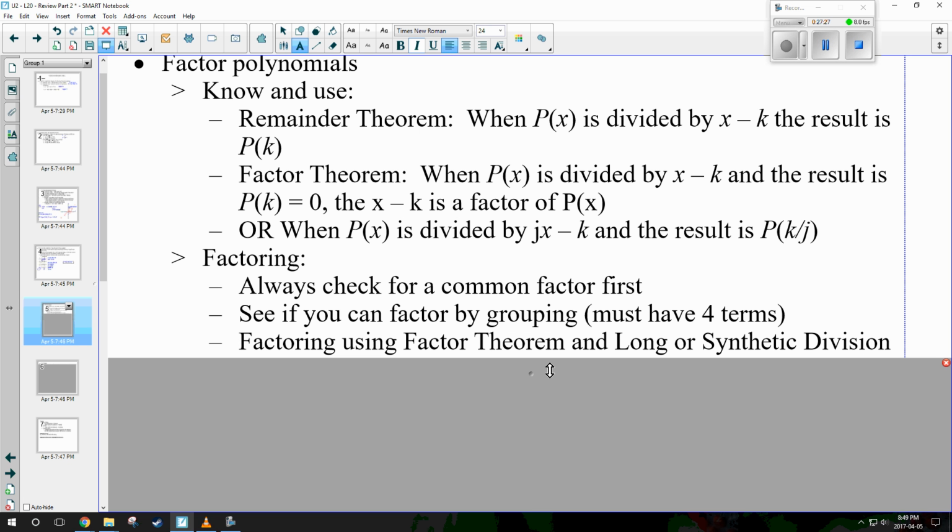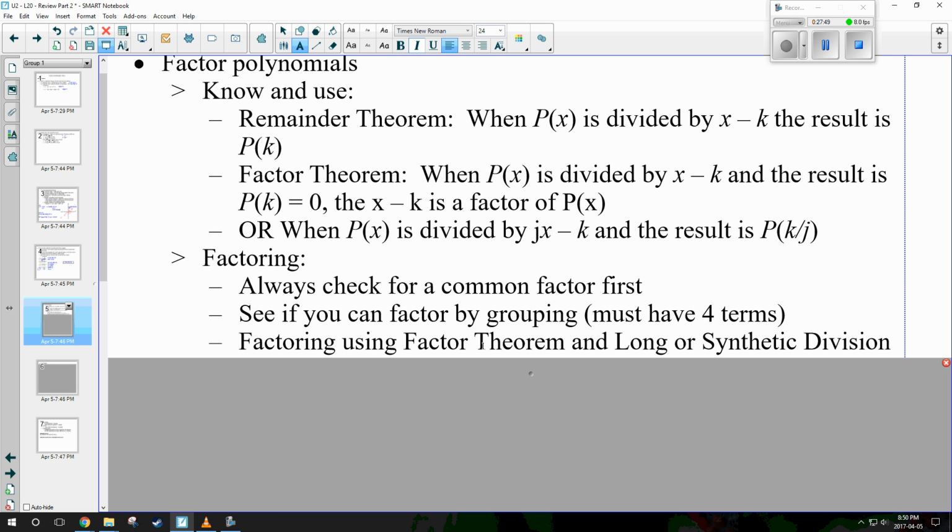So if common factoring and factoring by grouping don't work, or you're still stuck with stuff that you have to factor, then we have to factor using our factor theorem and our longer synthetic division. Remember, that's where we have to do a little bit of guess and check of choosing numbers, plugging them into the function to see if our remainder is equal to 0.